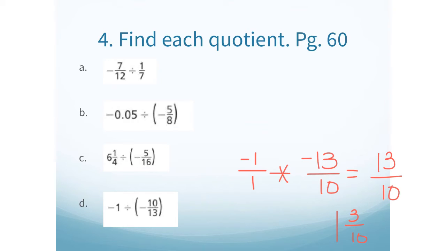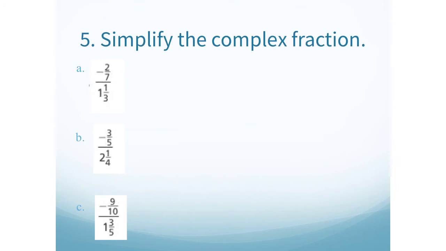Let's go to number 5 on page 60. Notice the layout of these. These are known as complex fractions. These are fractions that have fractions in the numerator or the denominator or in both. While they may look frightening, a complex fraction is a way to show division.